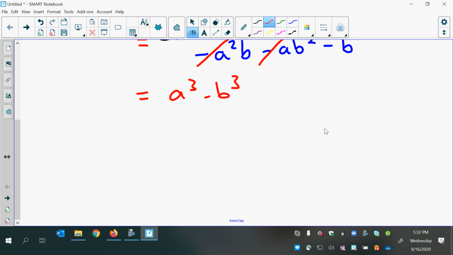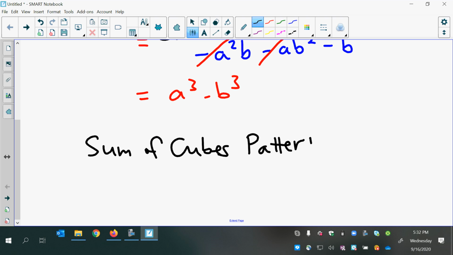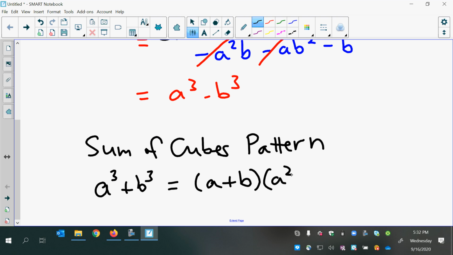We also have a sum of cubes pattern. So a cubed plus b cubed factors to a plus b, then a squared minus ab plus b squared.